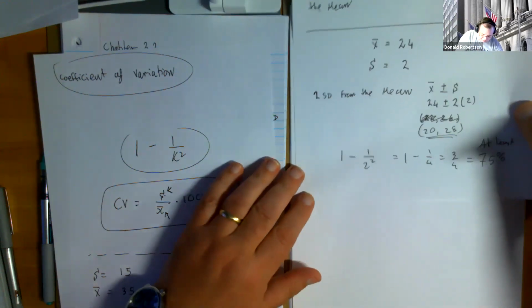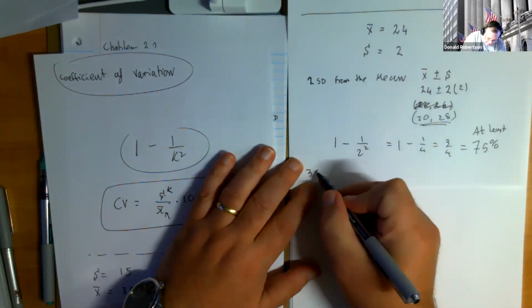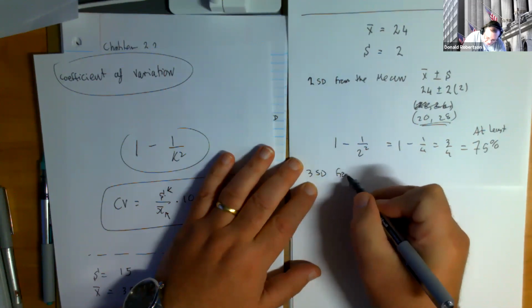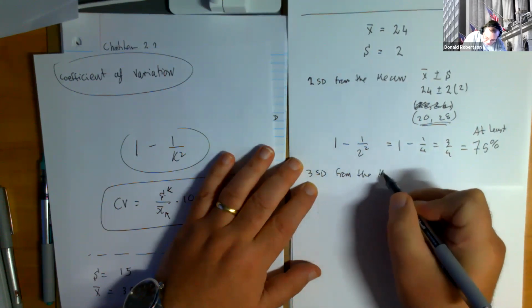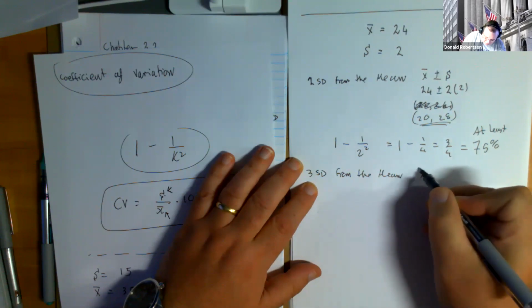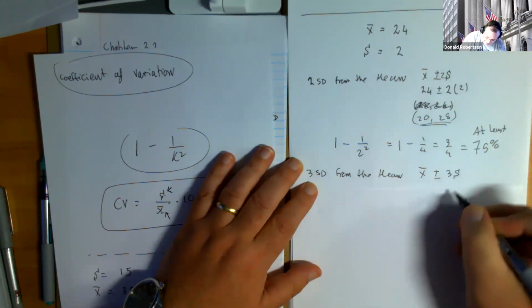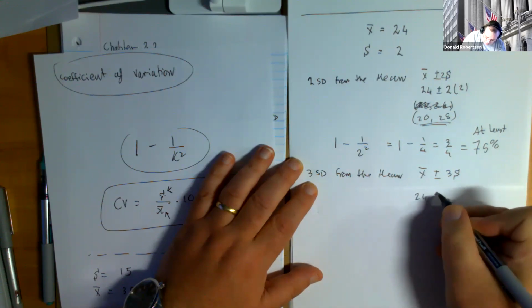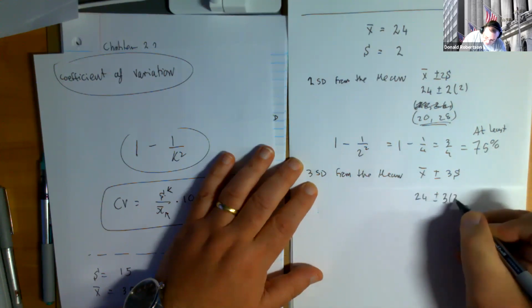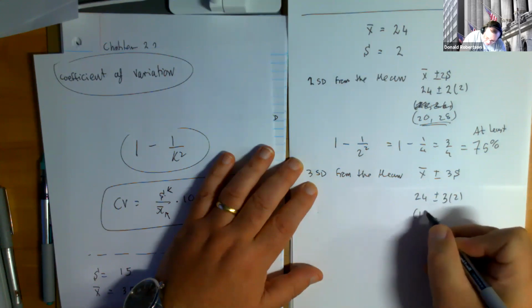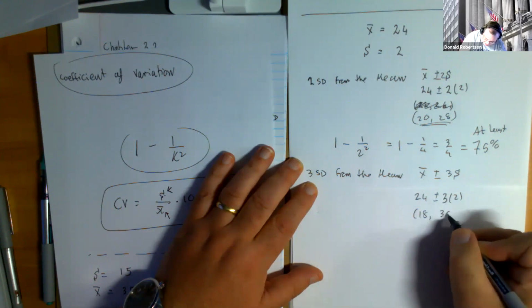Suppose I did 3 standard deviations away from the mean. So that would be x bar plus or minus 3 standard deviations. 24, give or take 6. So that would be 18 up to 30.